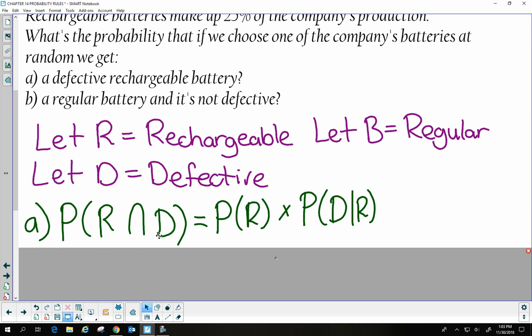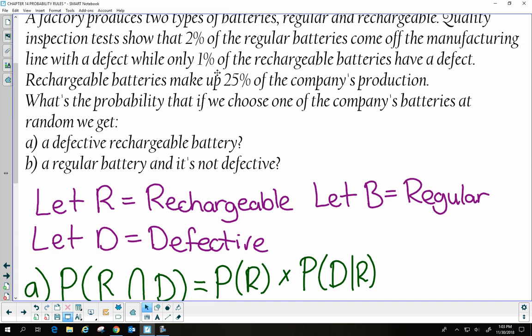So the probability that it's defective and rechargeable is the probability it's rechargeable times the probability it's defective given that it's a rechargeable battery. These two things are not independent of each other. The probability that the battery is defective changes based on whether or not it's rechargeable or it's a regular battery. They're both not the same. One is 1%, one is 2%.